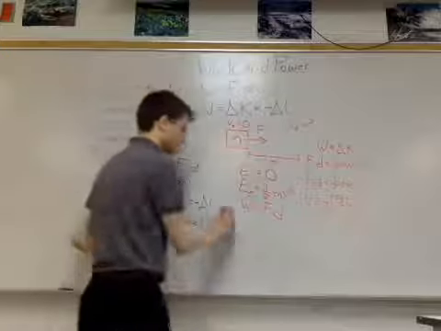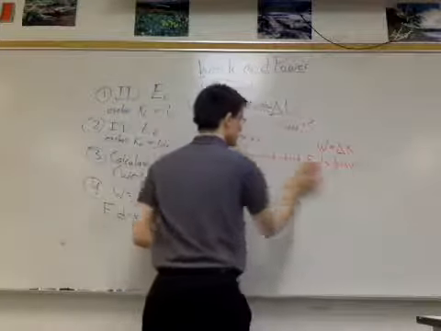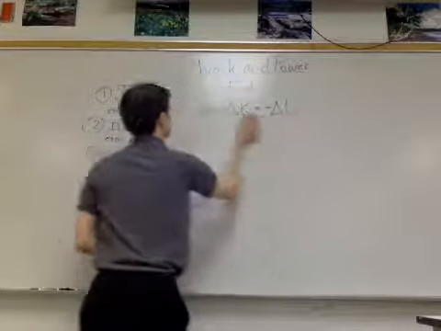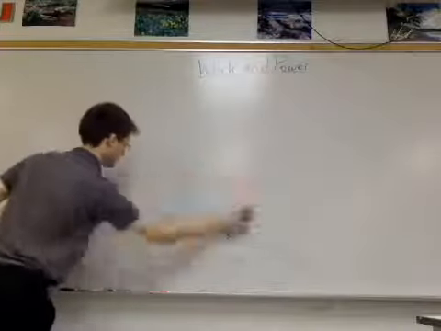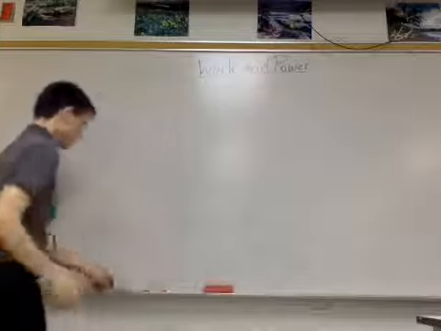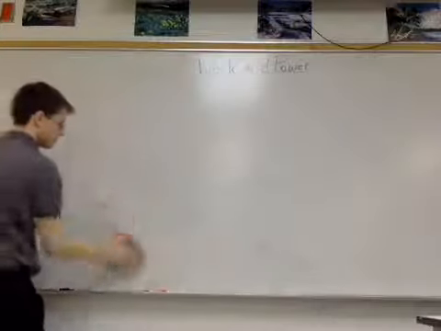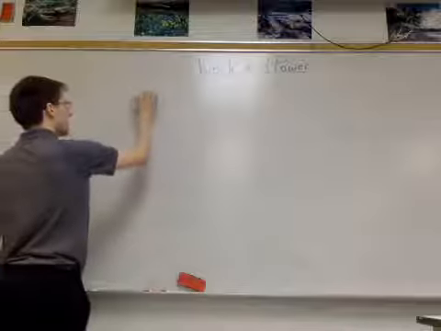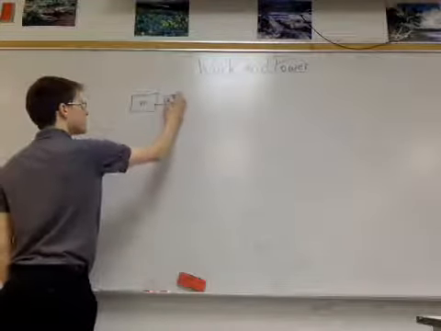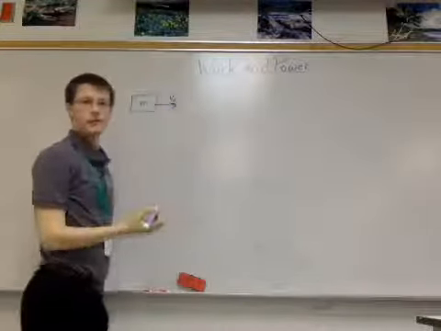Let's do one with friction. So let's suppose that a block of mass m is traveling with a velocity of v naught, and it's traveling over a surface with friction.